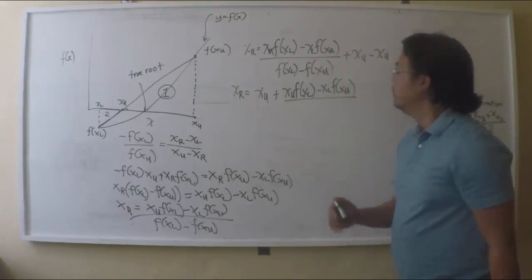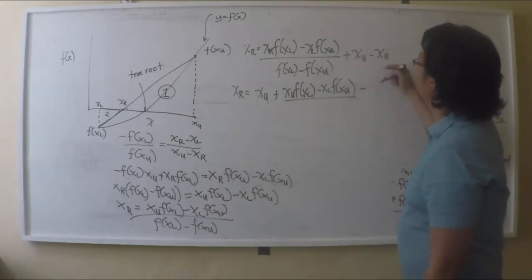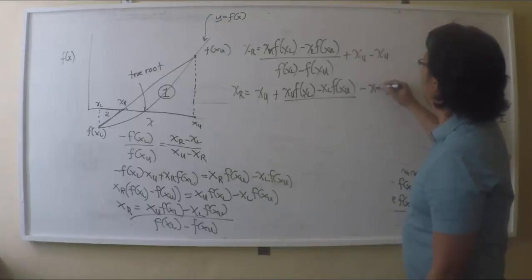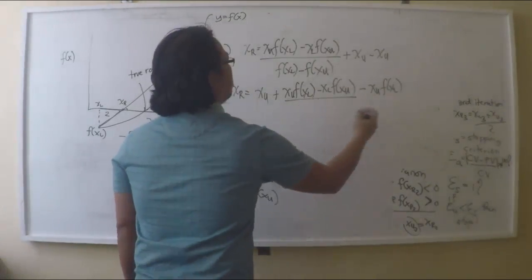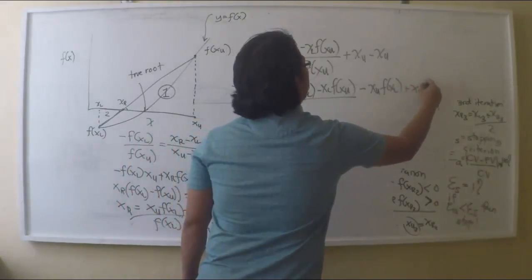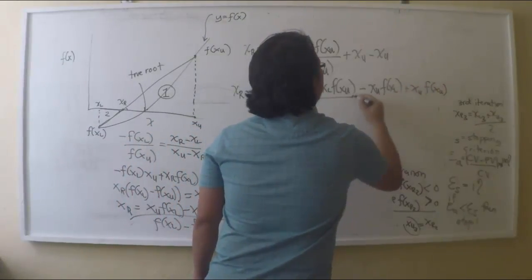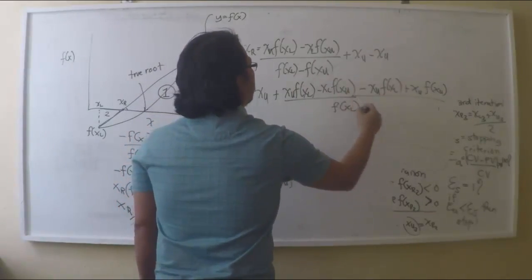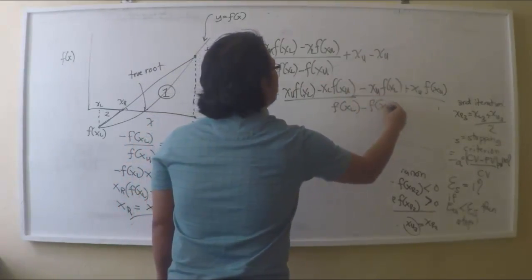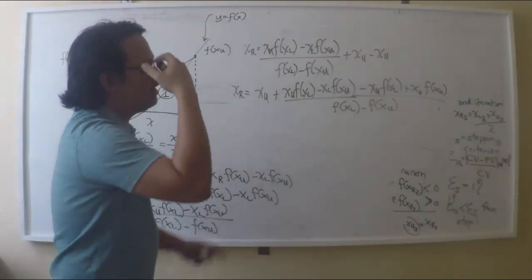Okay, so minus here xu f of xl, and then plus xu f of xu, all over this denominator like that. So I think they are just the same.